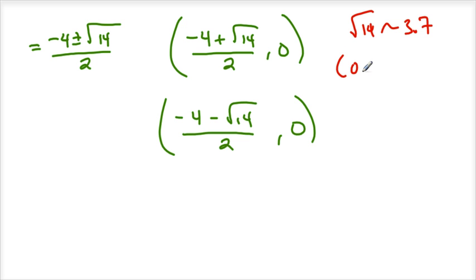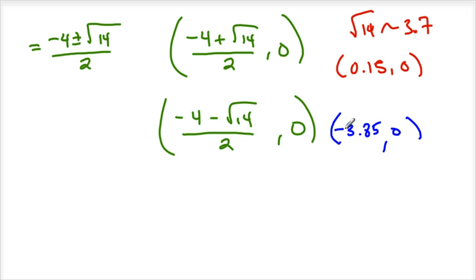Very good. So 0.15, comma 0, and then on the other side I have -4 minus 3.7, so I have -7.7 divided by 2, which is -3.85. Now we have our 2 roots.